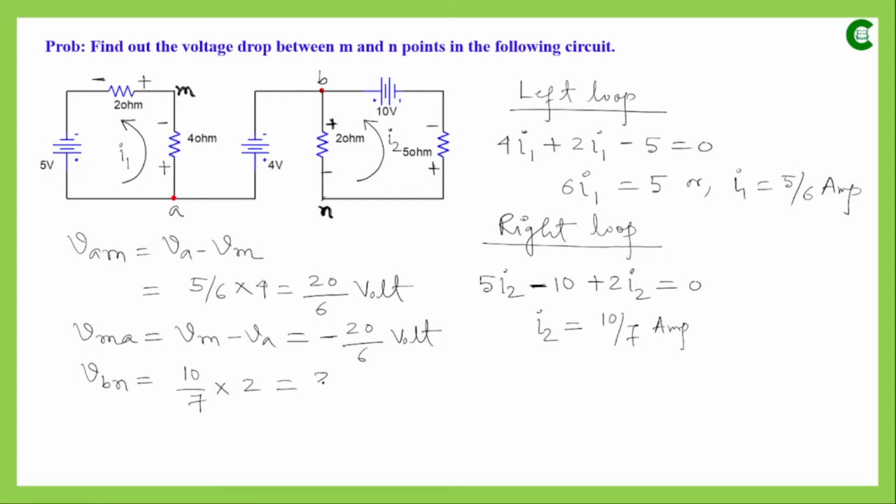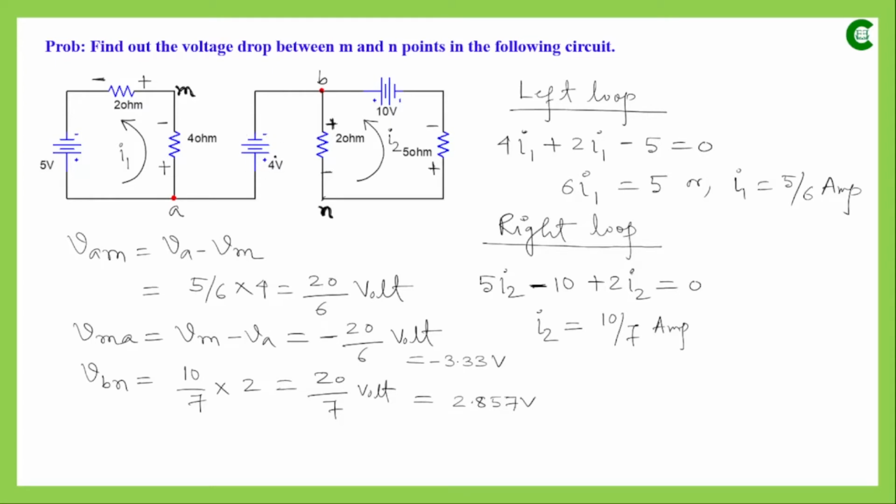So it will be 20 divided by 7 volt. This value we can write in decimal as minus 3.33 volt, and this value will be in decimal 2.857 volt.